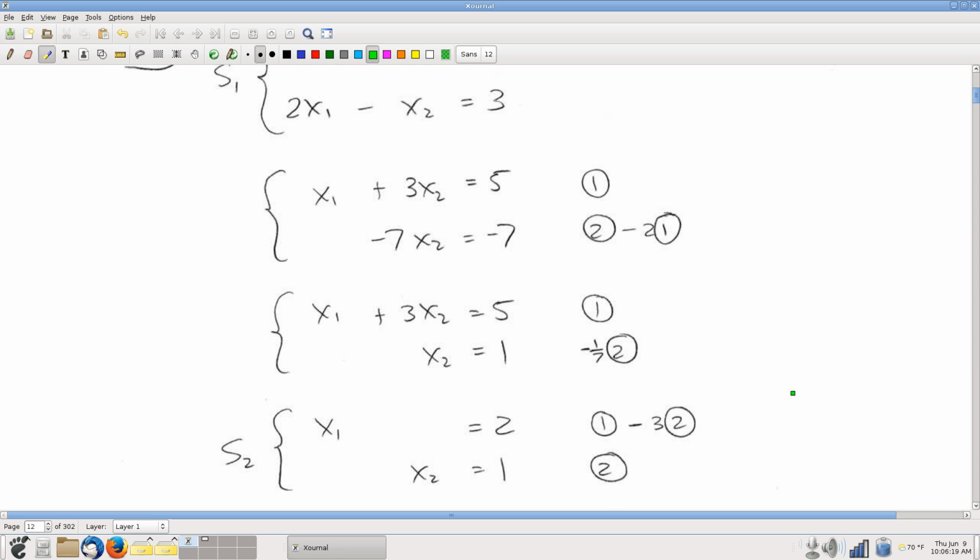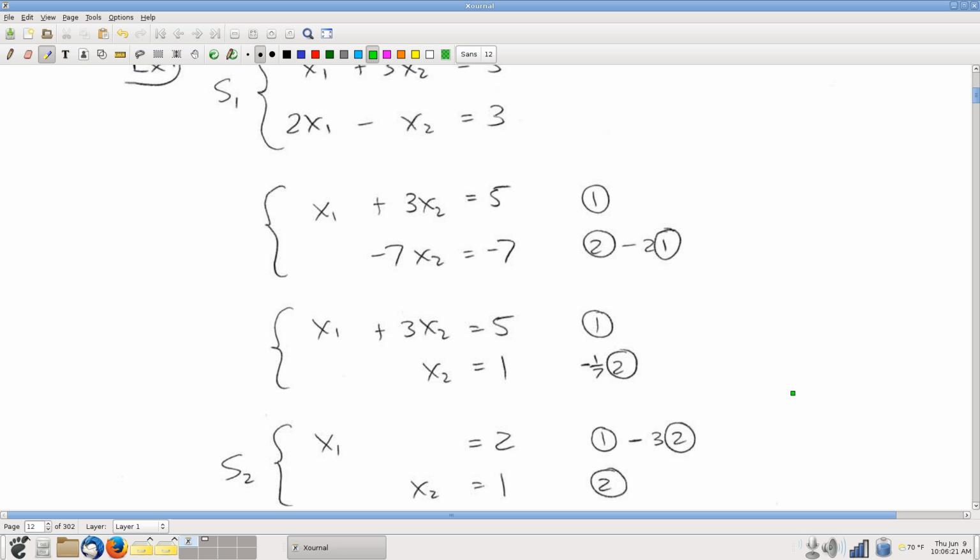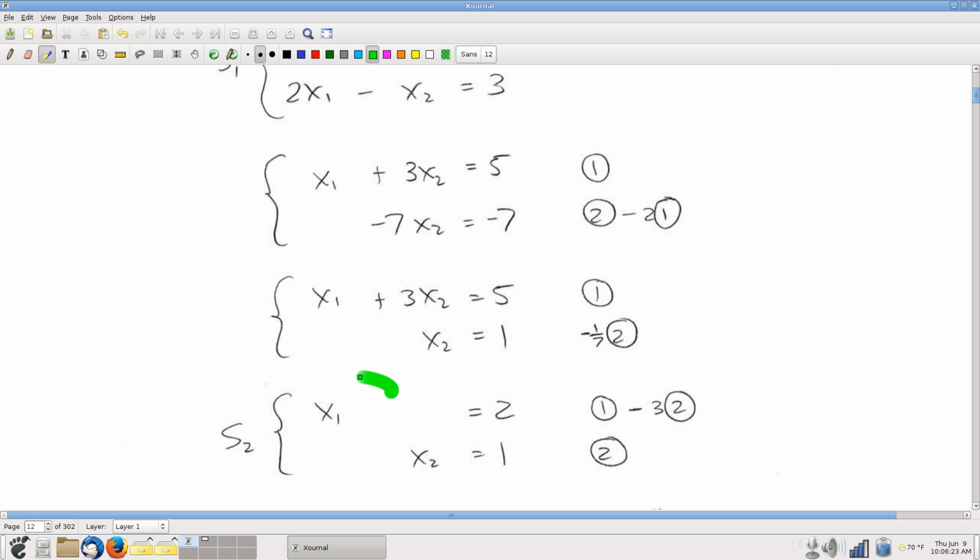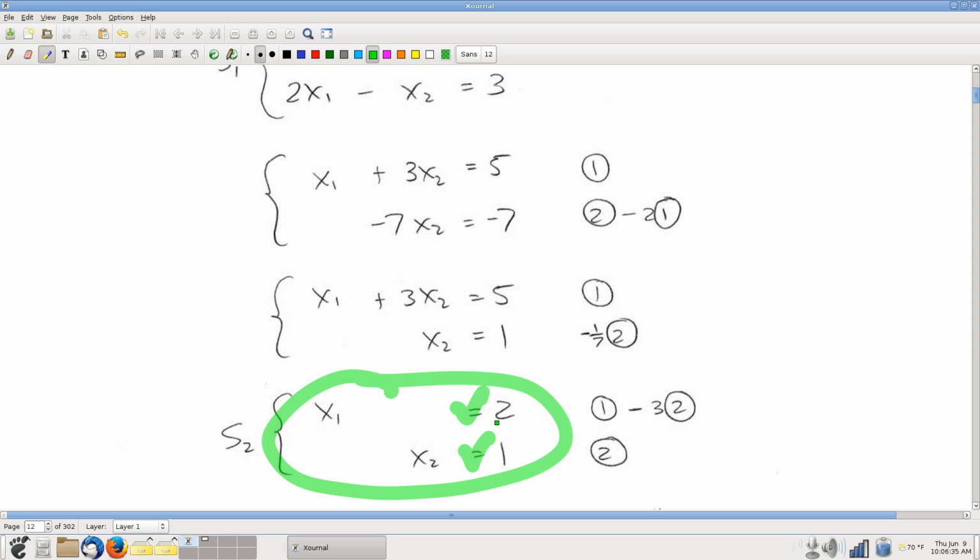And at this point, actually, we see some really good news, and that is that I actually can, at a glance, tell you the complete set of solutions to that system, because it's a really easy system. And I see x1 has to be 2 to solve that system. x2 has to be 1 to solve that system. Done, right? There's nothing else to know.